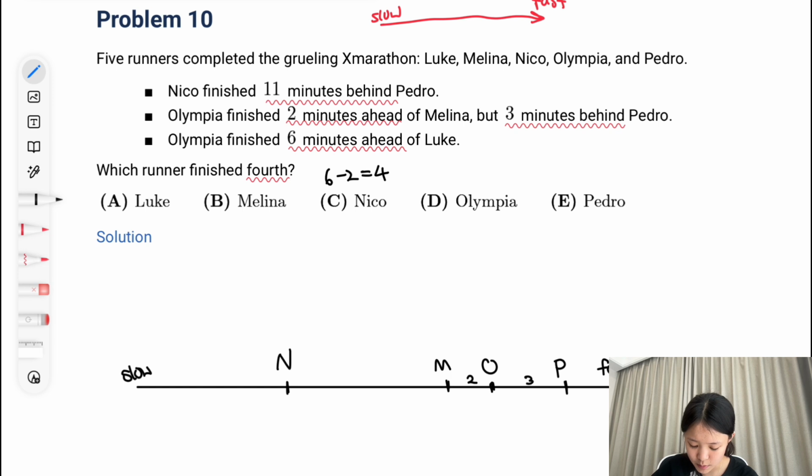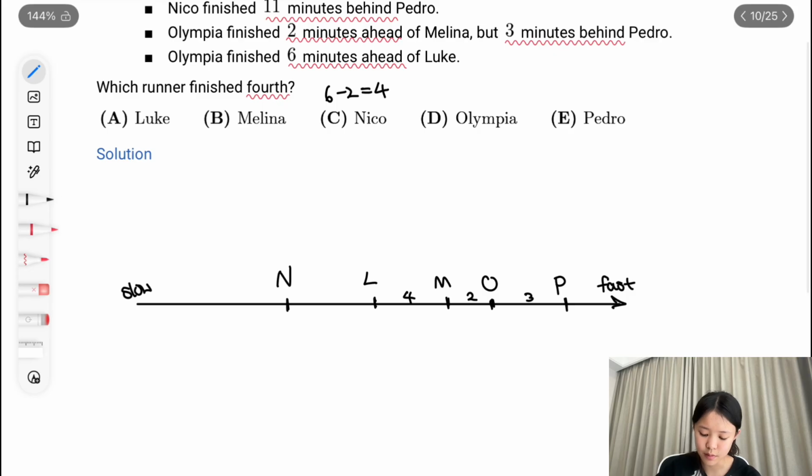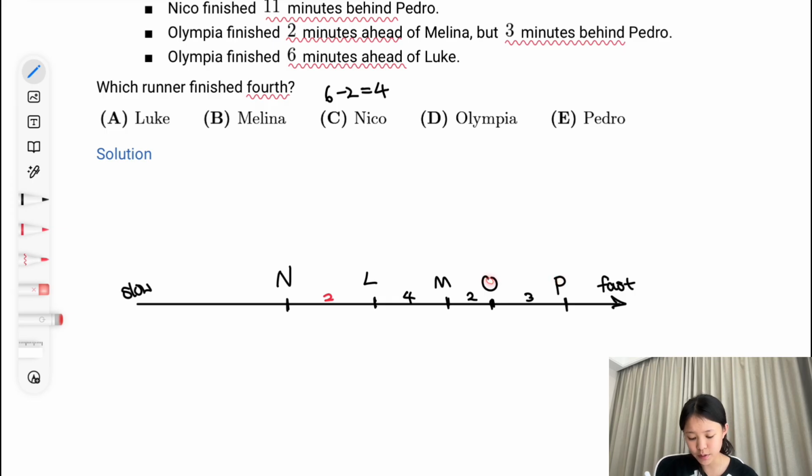And so we're going to put Luke here, 4. And if you want, you could put 11 minus 4 minus 2 minus 3, which is 2 here. And then if you just count it over, who's the 4th one, we can come relatively easy that 1, 2, 3, 4. So Luke is the final solution, the runner that finished 4th.